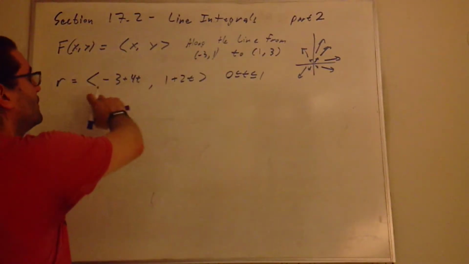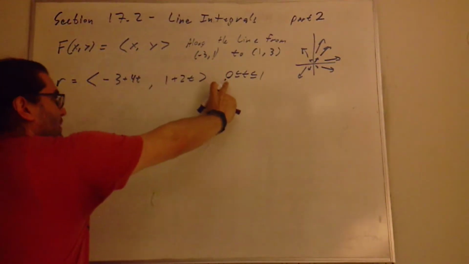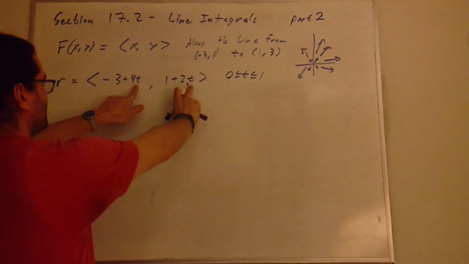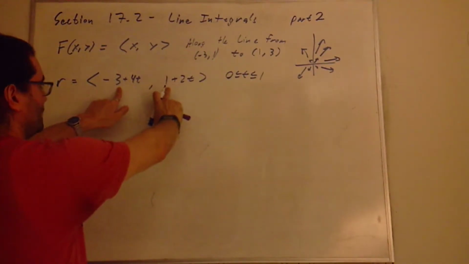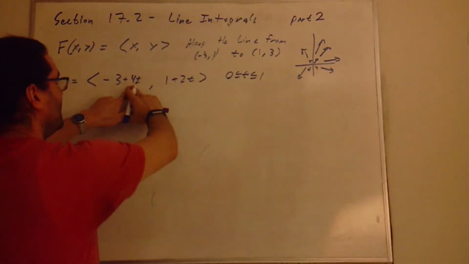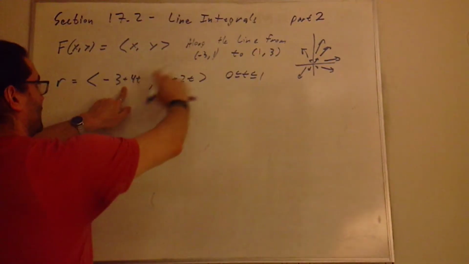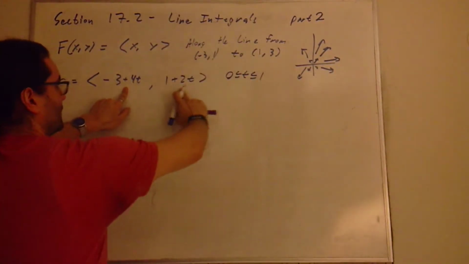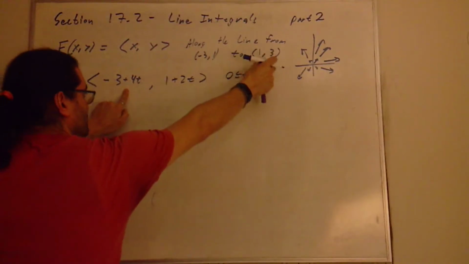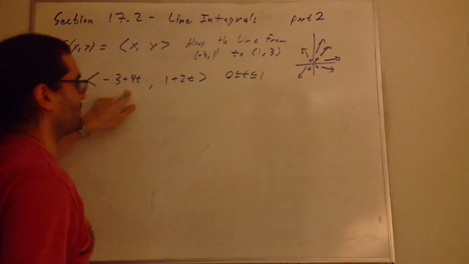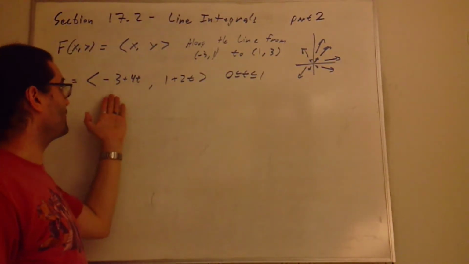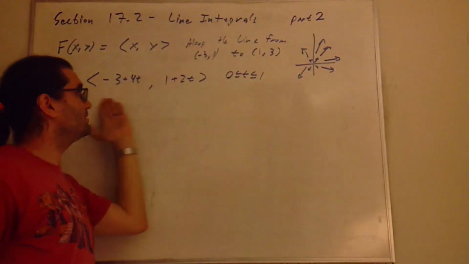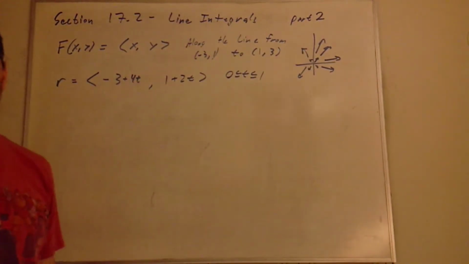So when you plug in 0 for t, these pieces are going to be ignored. You're just going to have the -3 and the 1. When you plug in 1 for t, you're going to get the 1 that you want here, and you're going to get the 3 you want here. So that's nice and clean as your endpoint. And then everything in between will be linear because you've got this thing set up as a line.